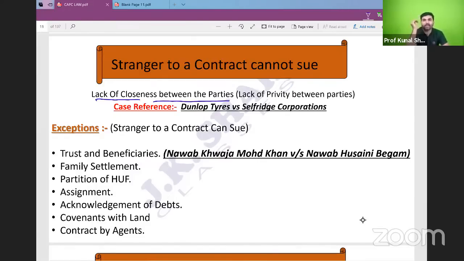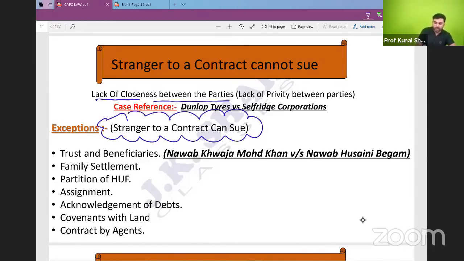The rule says a stranger to a contract cannot sue. But yes, in exceptional cases, a stranger to a contract can sue. Generally, a stranger to a contract cannot sue, but in exceptional cases, a stranger to a contract can sue.